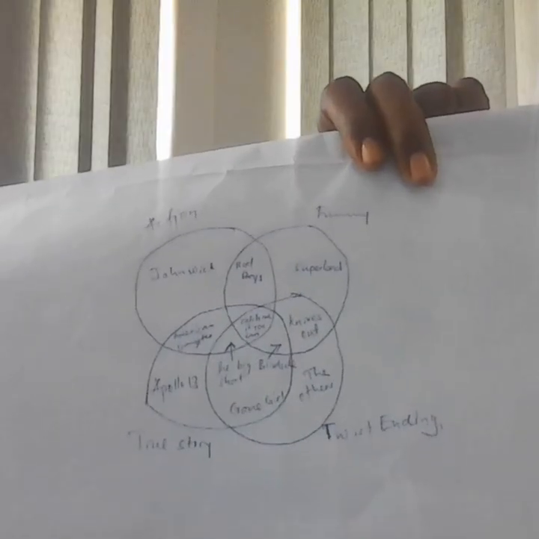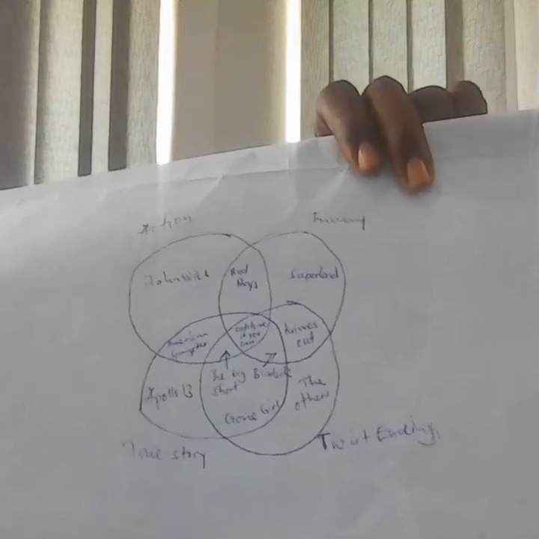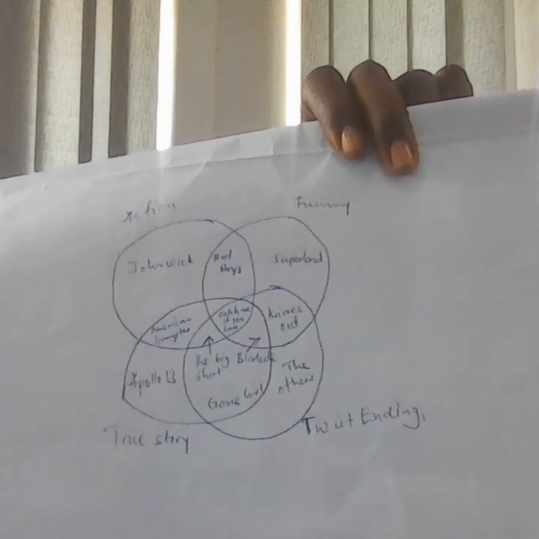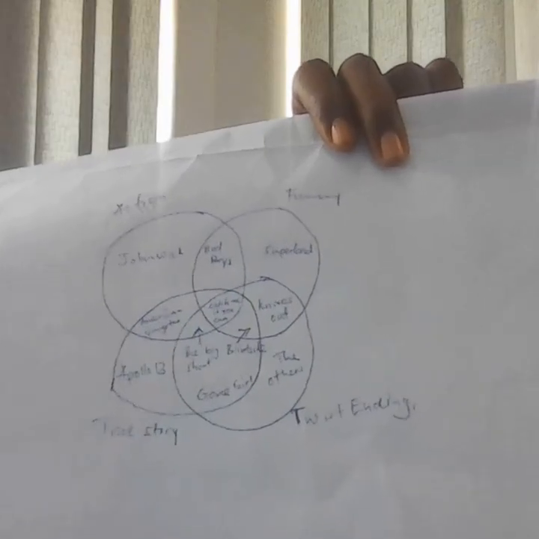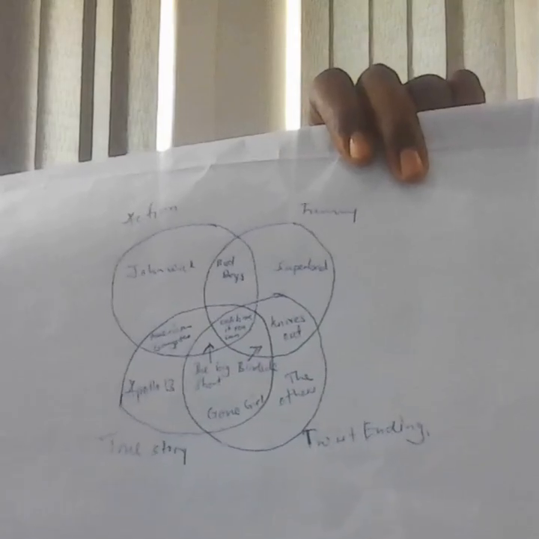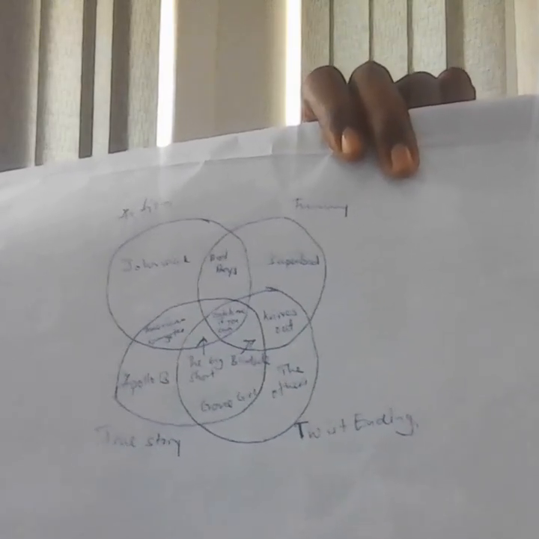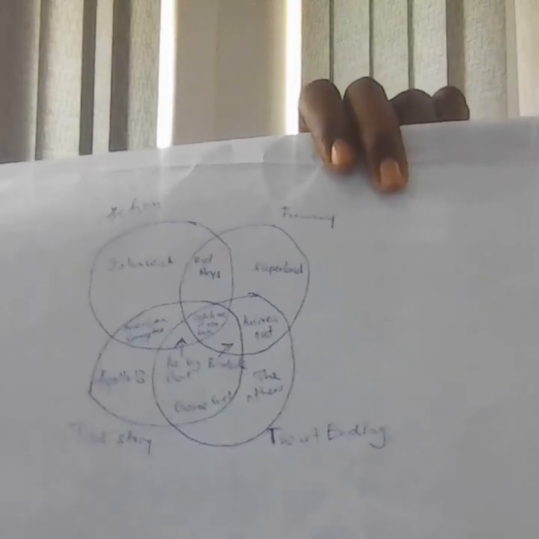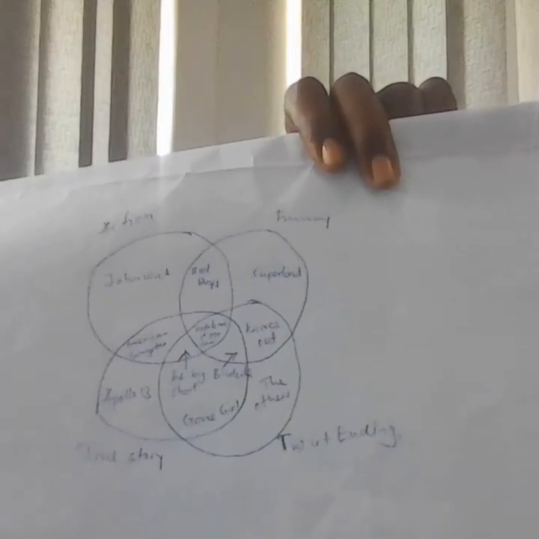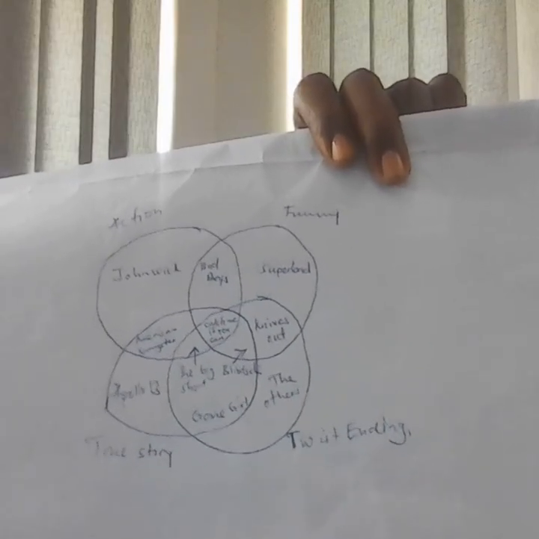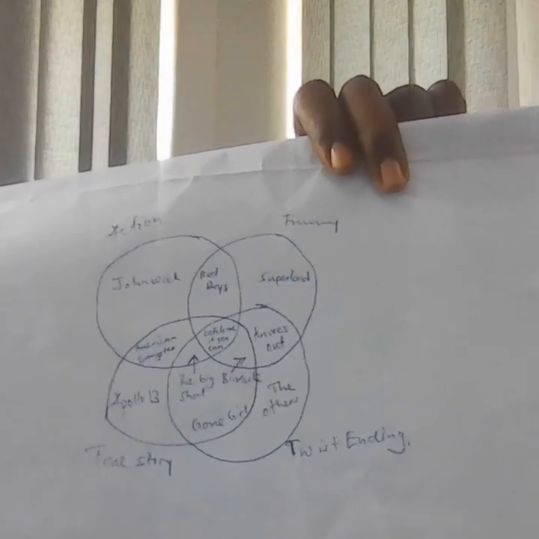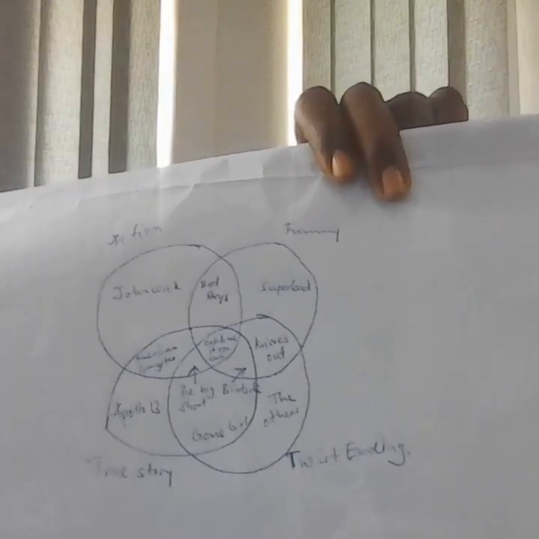Now, the overlapping sections. You can see Bad Boys sits in the action and funny overlap. It is both an action movie and a comedy, but it is not based on a true story, and it does not have a twist. In SQL, that is an intersect between action and funny.